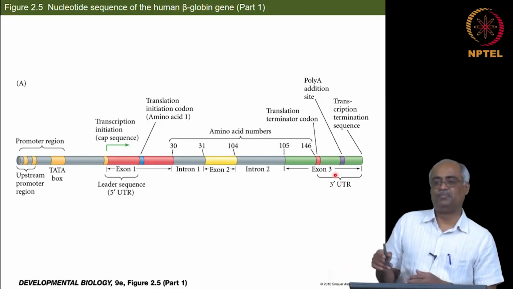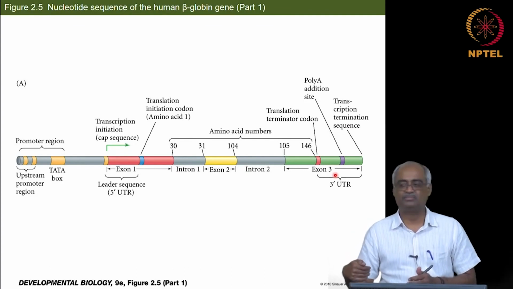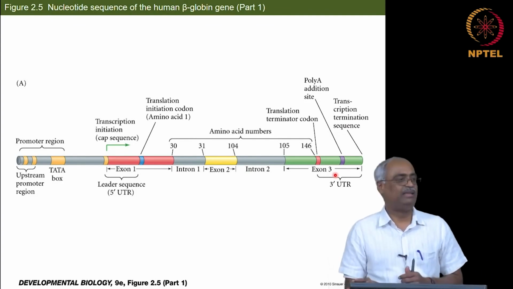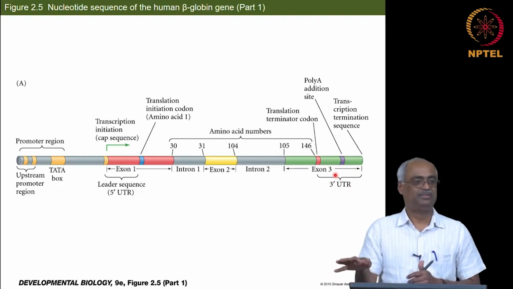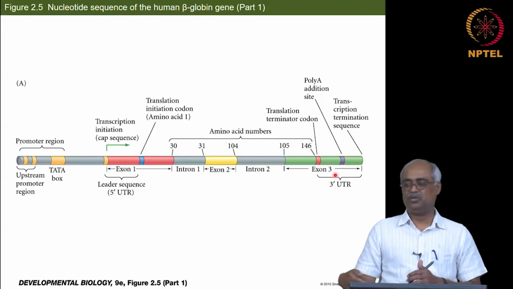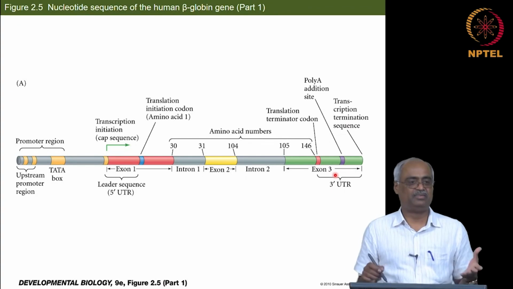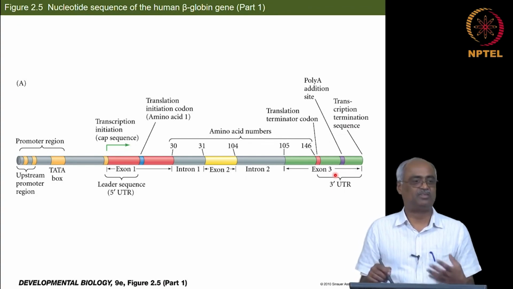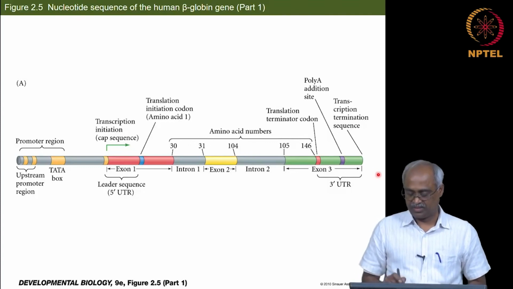Some amount of poly A tail is added in the nucleus, and further extension happens in the cytoplasm. So, the poly A tail is not present in the chromosome. It is a separate enzyme that adds multiple A's continuously one after the other. It does not require a template, because you are just constantly adding A to an existing RNA. That is how it is made.